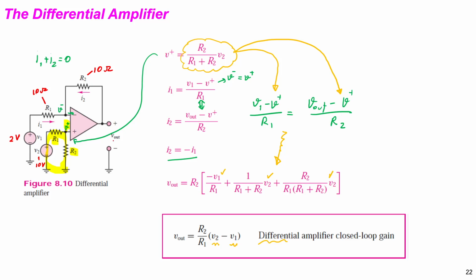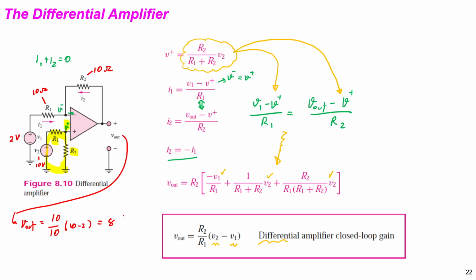What is V out? V out is R2 by R1, so 10 by 10, times V2 minus V1. Therefore 10 minus 2, we get 8 volt.